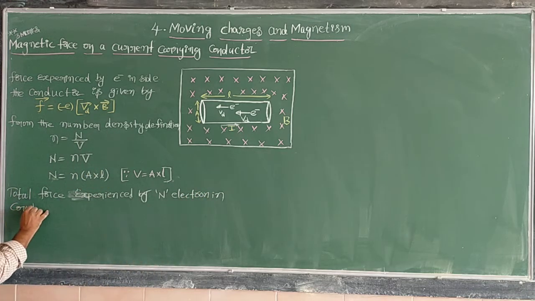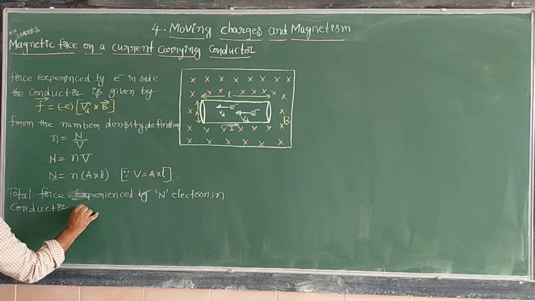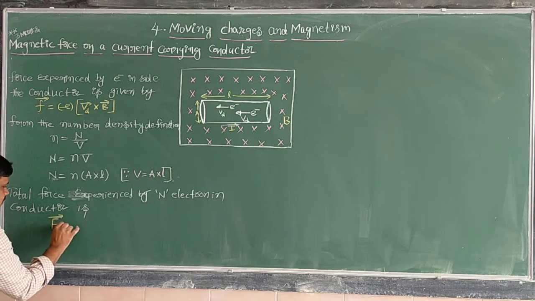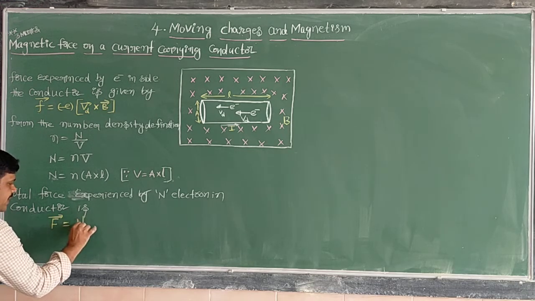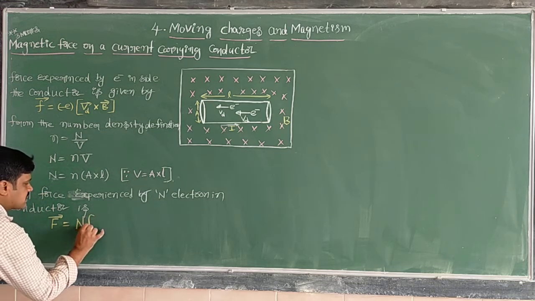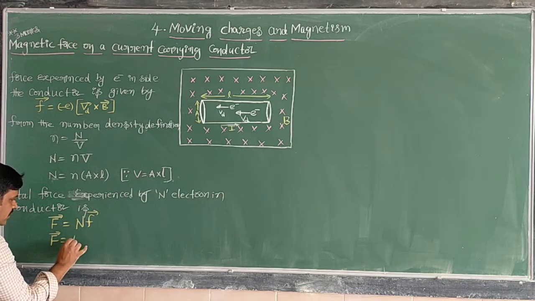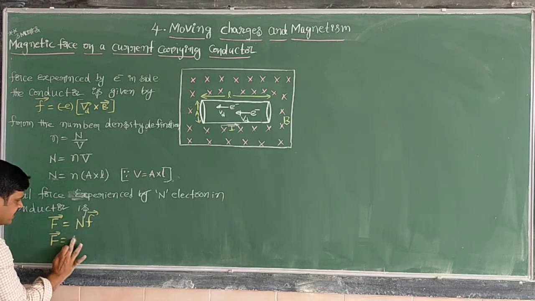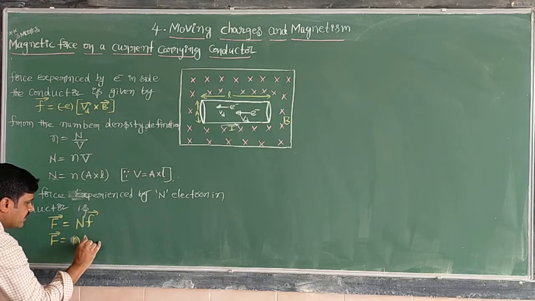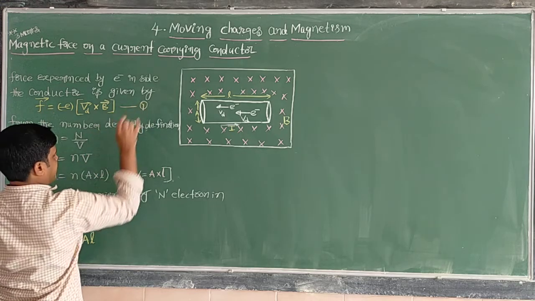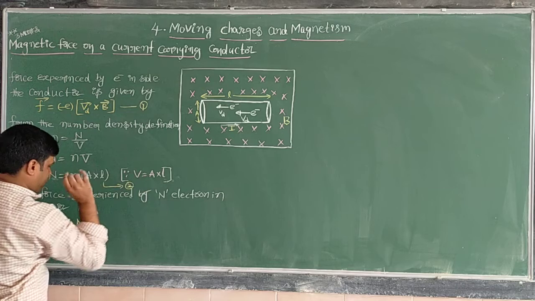Total force, capital F, is equal to the number of electrons into the force of each electron. So F bar is equal to N into small f, where capital N is nothing but small n into A into L. Take this as equation number 1 and this as equation number 2.